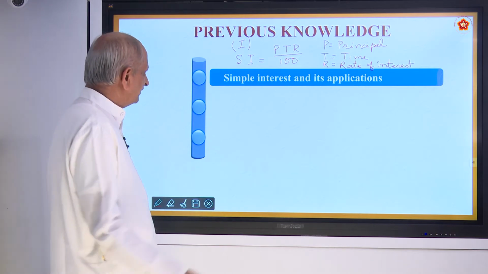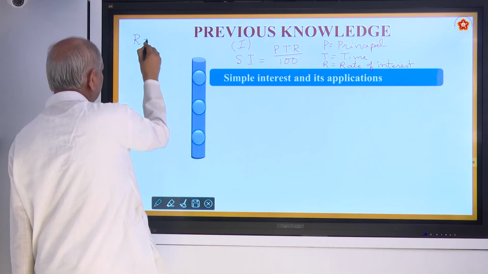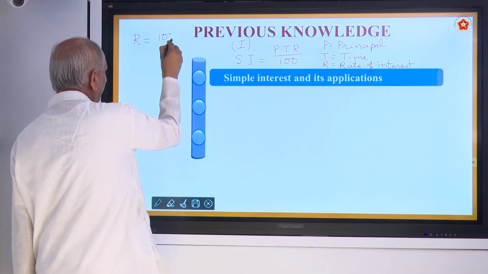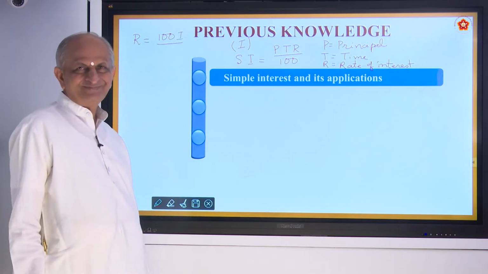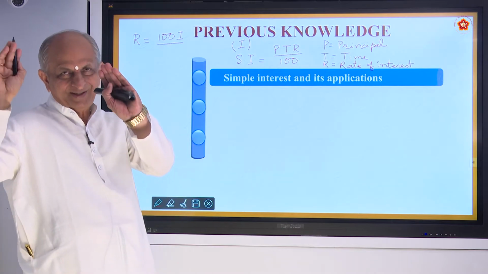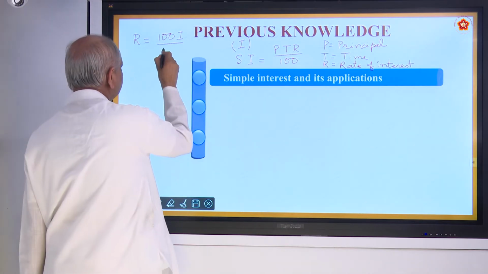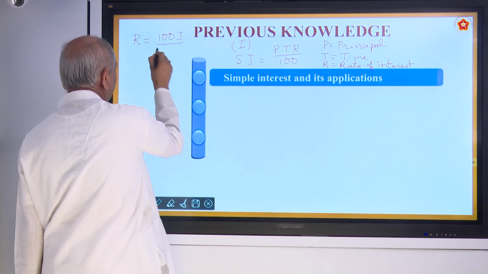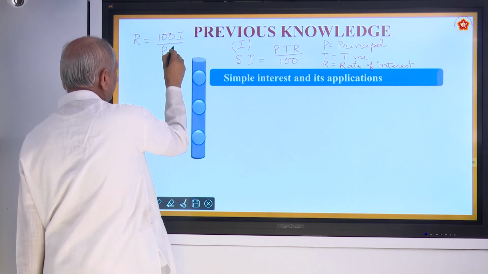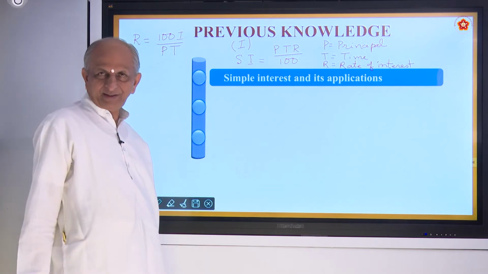For example, if you want to find the rate of interest, the formula becomes 100 and I on the numerator. Always remember, 100 and I on the numerator. Those which you want to find out should be on the left side, and those which are given, principal and time, go in the denominator. You can find the rate of interest.